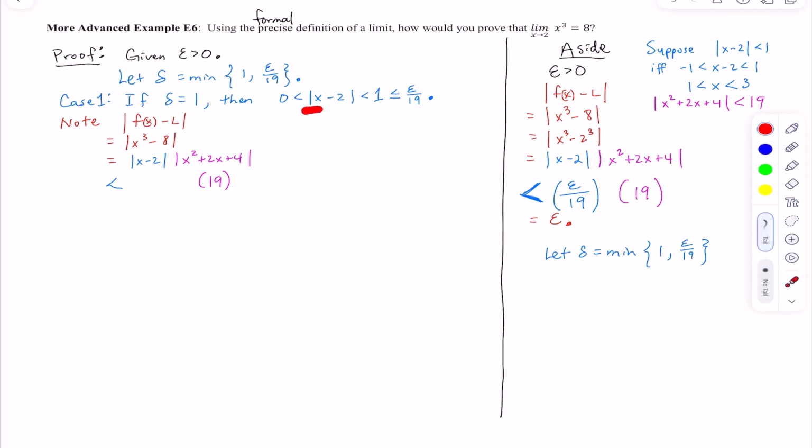And what do we know about the absolute value of x minus 2? It's less than or equal to epsilon over 19. This one's already strictly less than 19, so we don't have to worry about the equal symbol. We'll write absolute value of x minus 2 is less than epsilon over 19, and that will give you the product of epsilon.